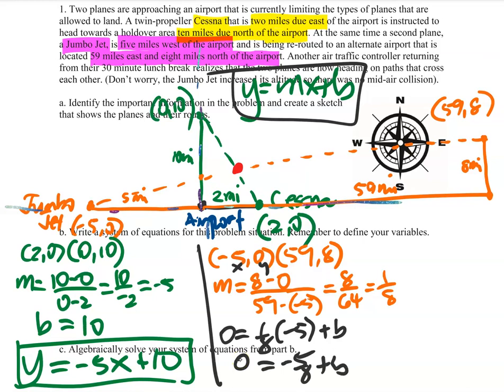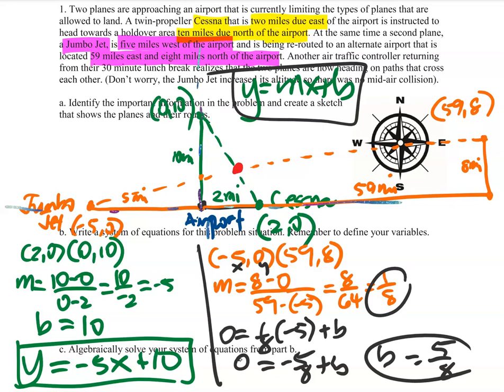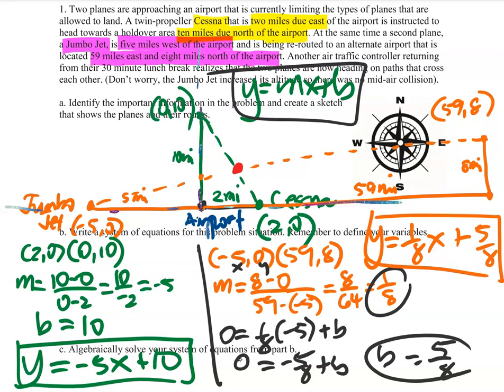If we add 5/8 to both sides, b is 5/8. So we have the slope and b. The equation of Jumbo Jet is y equals 1/8 x plus 5/8. So these are the two equations.